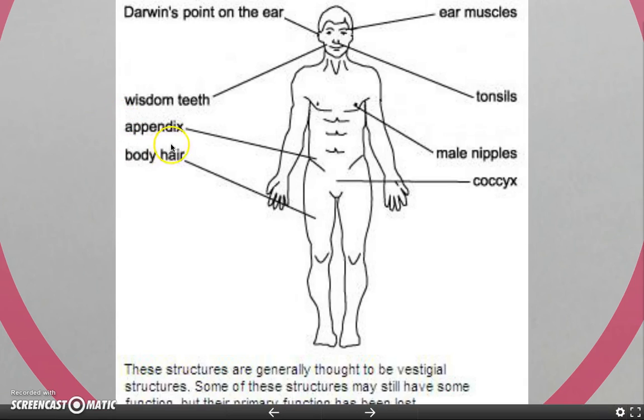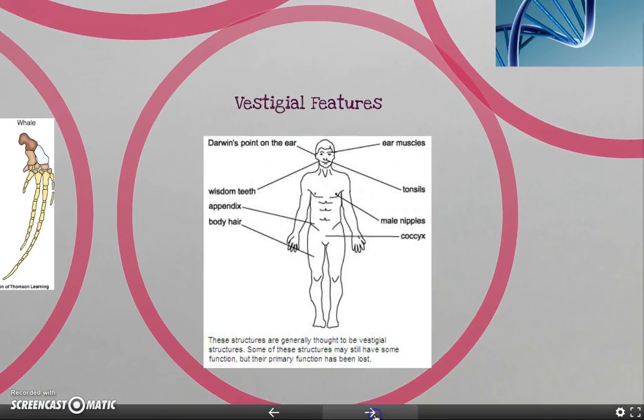We no longer need the appendix, but it's still part of our bodies. So there are other examples as well, but those are just a few. So vestigial structures, structures that are left over from other times in our evolutionary past that they were needed, but they are no longer needed anymore.